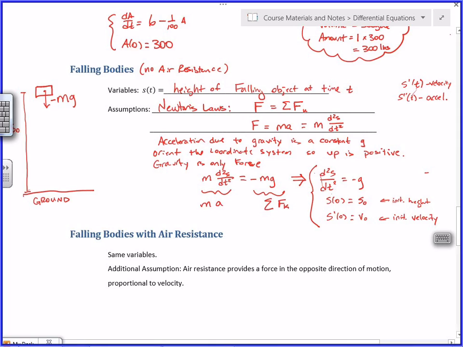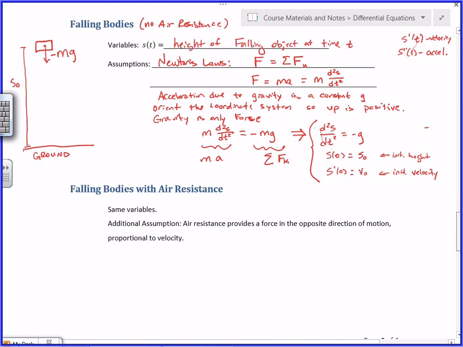But adding air resistance adds a little bit of a complication. So this is a refinement of that model. Questions before I move on to the next one? We good? All right, so same variables, but now I'm going to add this additional assumption that air resistance provides a force in the opposite direction of motion proportional to velocity.